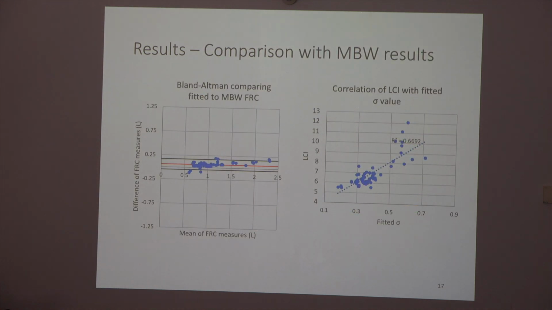Results agree really well with the multi-breath washout indices. The fitted FRC really closely matches what's estimated from the software they normally use to analyze the washout data, and the LCI really strongly correlates with the fitted sigma of this distribution.